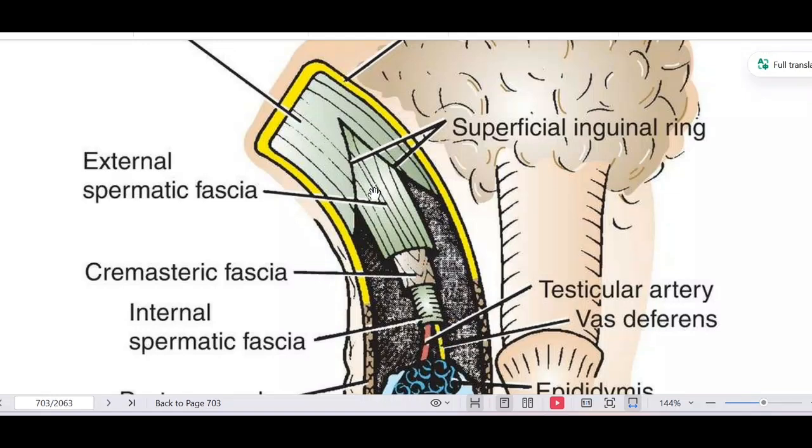While passing through the superficial inguinal ring, it carries and extends the fibers of the aponeurosis of the external oblique, and that is now called the external spermatic fascia. That was part of the external oblique aponeurosis, but while covering the spermatic cord, it is called the external spermatic fascia.